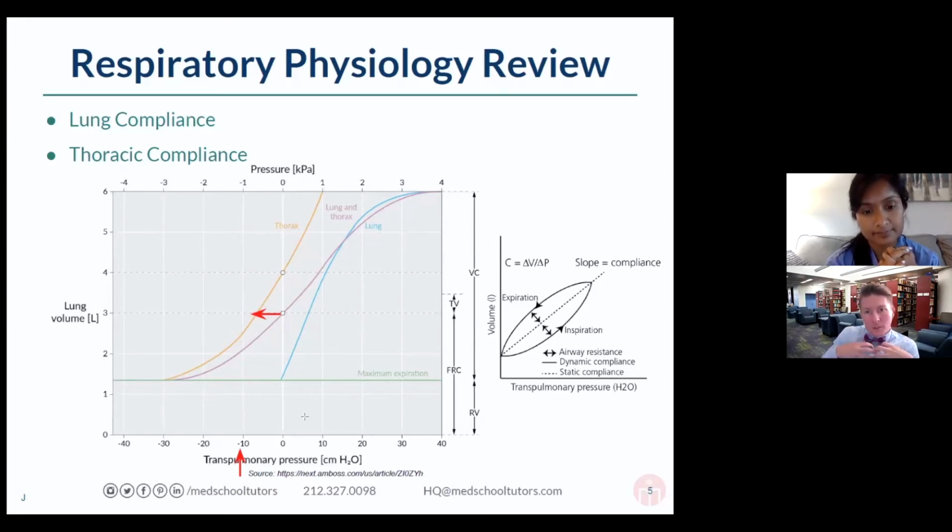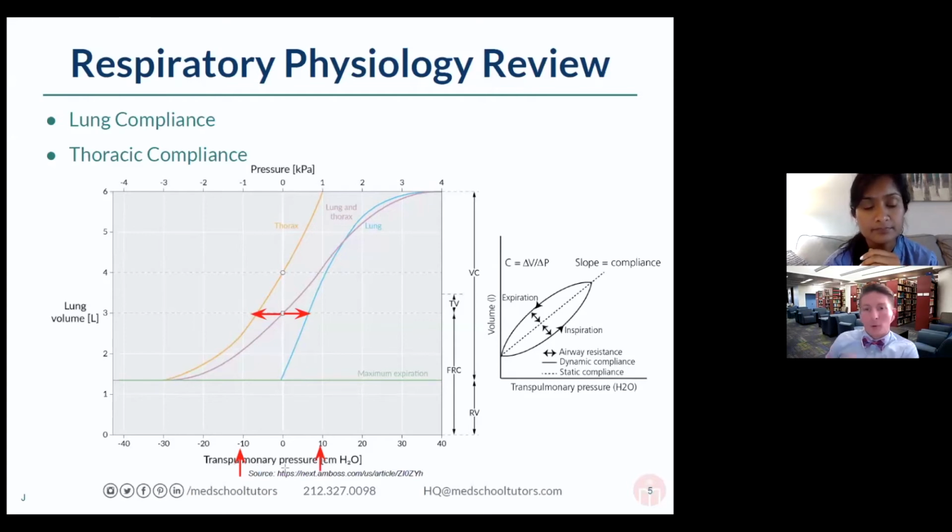The chest wall wants to expand naturally, and the lungs want to collapse, which would create positive pressure, which means breathing out. So the lungs want to collapse, the chest wall wants to expand, and the point at which they have reached equilibrium is going to be the FRC. That's the point at which there's no movement of air in or out until you exert some force by lowering the diaphragm or pushing the diaphragm up to either forcefully exhale or forcefully inhale.